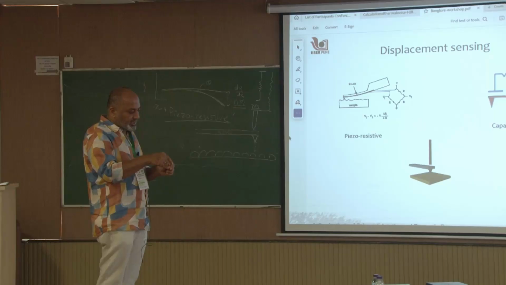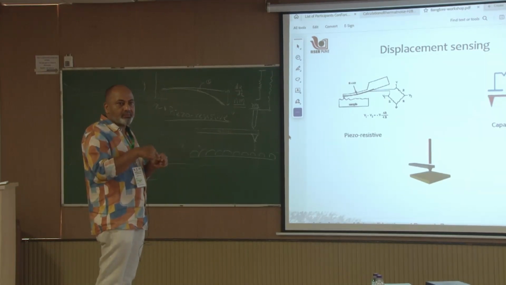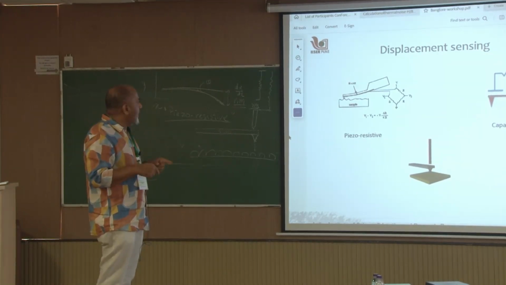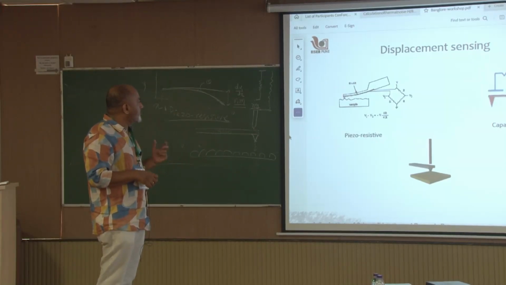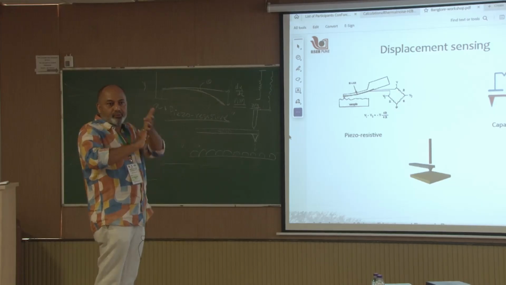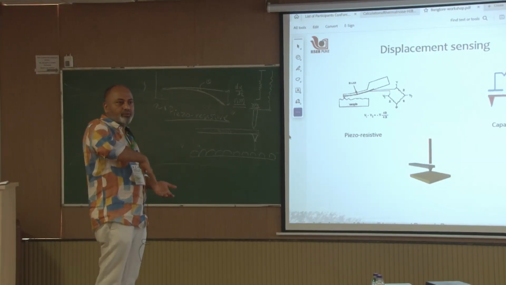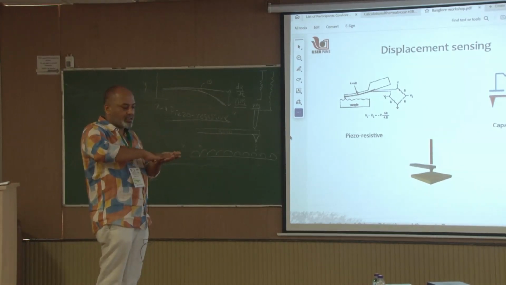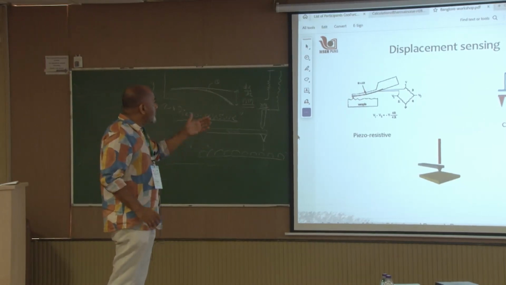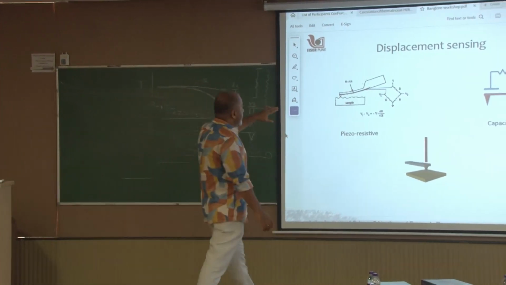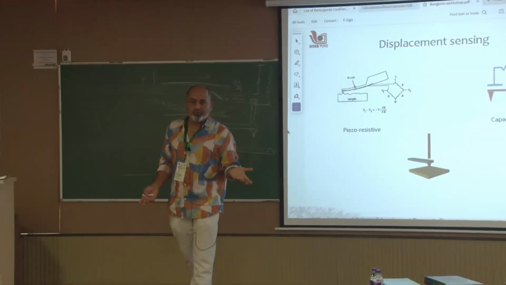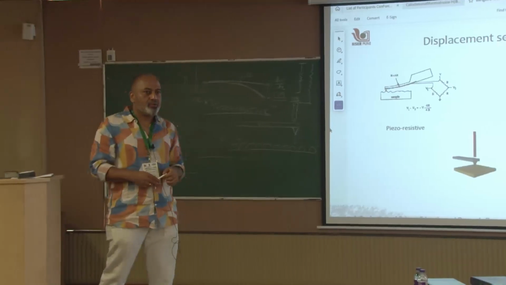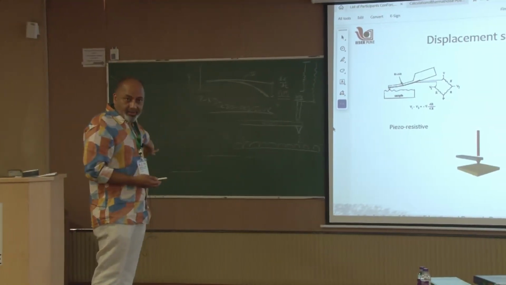You have to design the strain gauge element and integrate it into the whole thing, and then put a Wheatstone bridge. The moment you bring the tip close to the sample, there will be a repulsive or attractive force, or you hold that cantilever under some kind of load. This will cause a strain at the very base of the cantilever, and that strain is proportional to force. So that strain is proportional to bending.